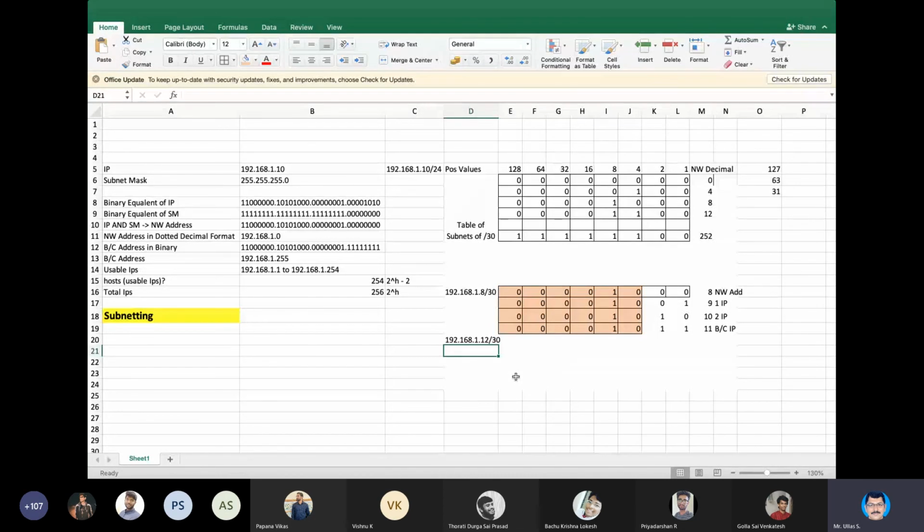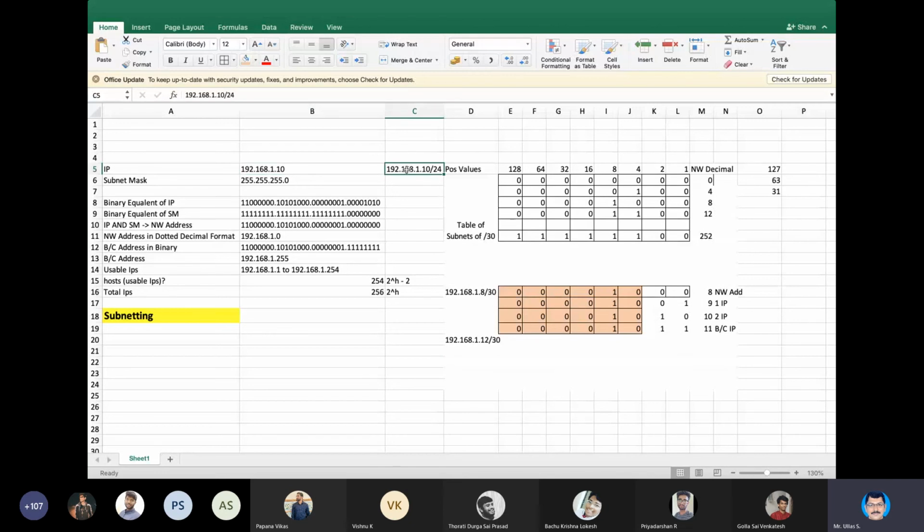Okay. So let me define what subnetting is. If you divide a network further, that is what we call subnetting. We had a network 192.168.1.0/24. This is our network address.